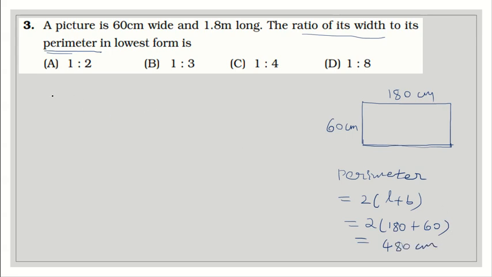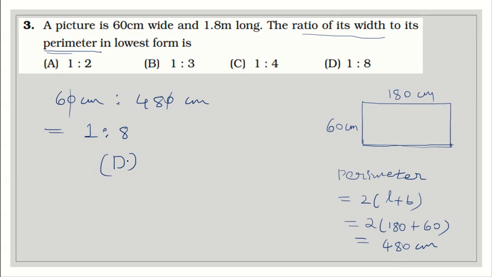They are asking the ratio of width, that is 60 centimeter, to its perimeter, that is 480 centimeter. On simplification, 0 cancels, 6 ones are 6 and 6 8s are 48, it becomes 1:8. So the right option is D.